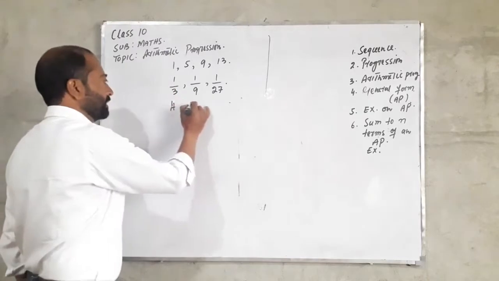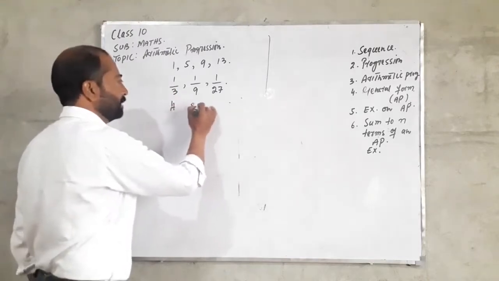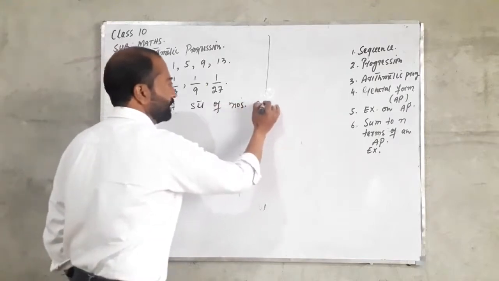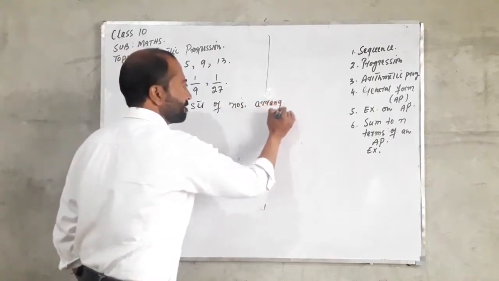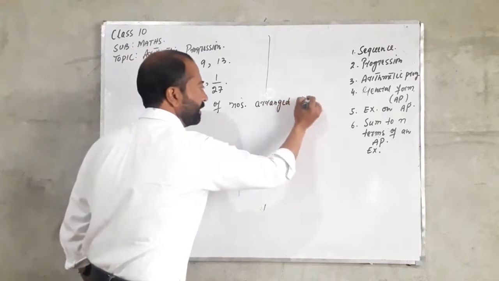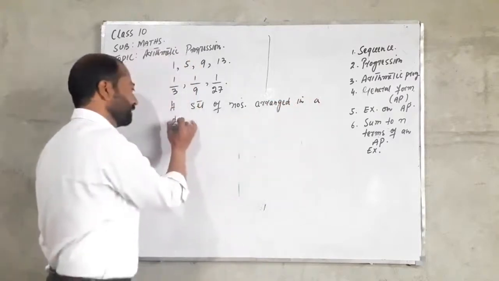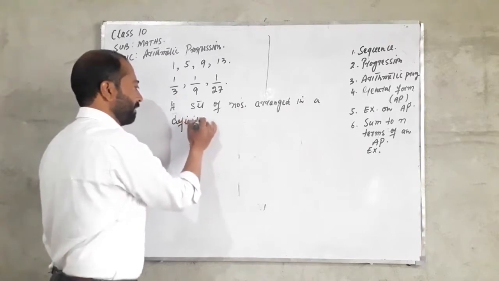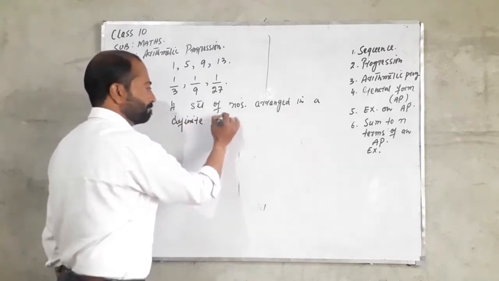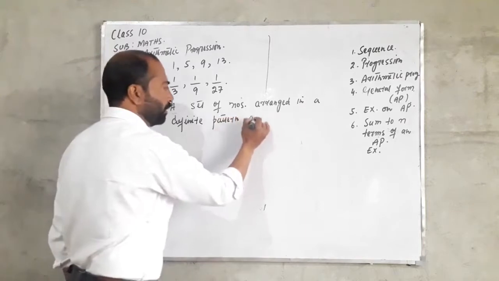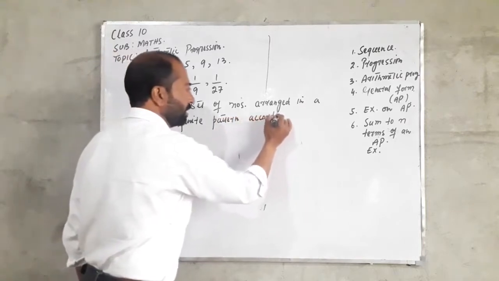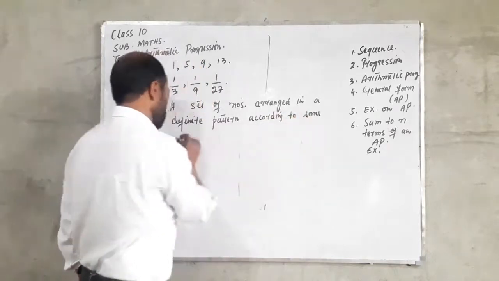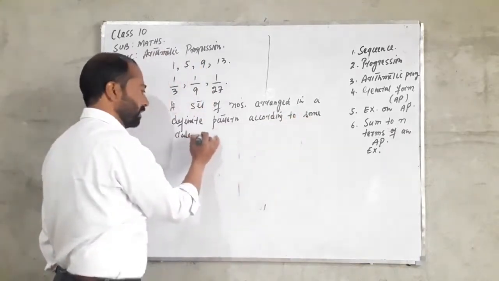A sequence: a set of numbers arranged in a definite pattern according to some rule or rules.